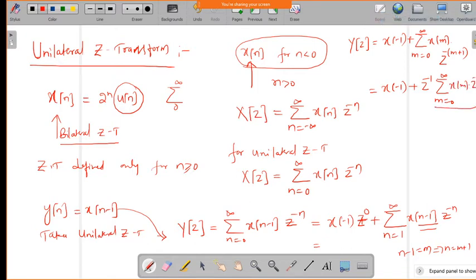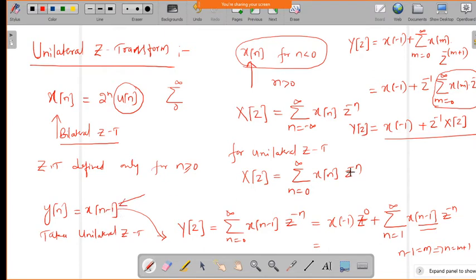Now you can see this is similar to x of z, the only change is the variable, that is m instead of n. So we can write this as x of minus 1 plus z inverse into x of z.